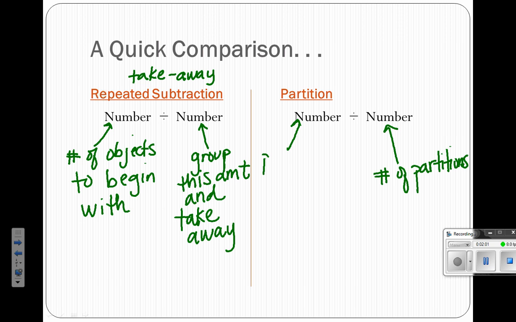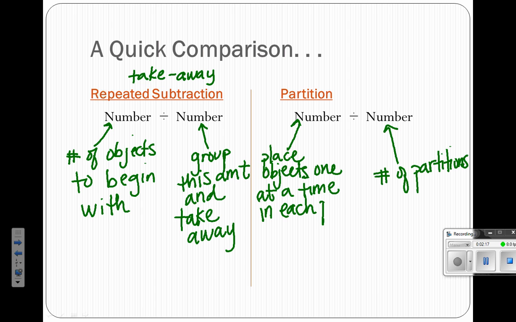So I'm going to say place figures, or place objects, one at a time in each partition until the desired amount is reached.